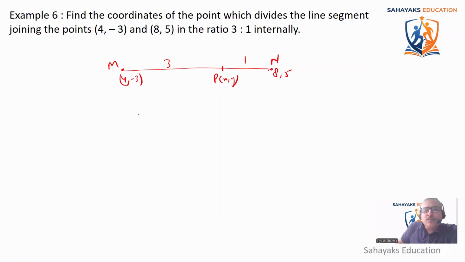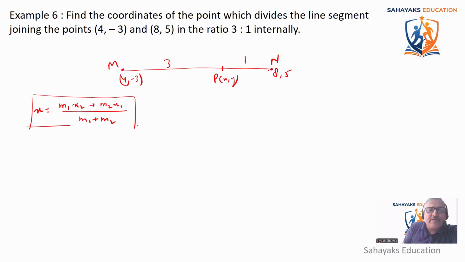Okay, so what is the formula we have? We have the formula as the value of x comes out to be (M1 x2 plus M2 x1) divided by (M1 plus M2). So this is the formula. Now what is the value of M1?